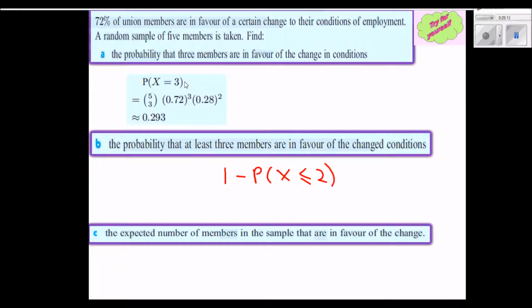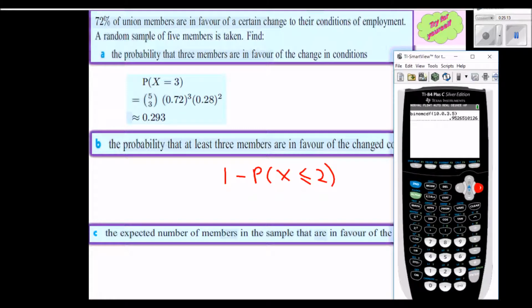So would you use binomial Pdf or binomial CDF? It's not an accumulation of a number of them, because accumulation is when it's a number of them added together. So it's going to be second vars, binomial Pdf. Same thing, we've got to put in number of trials is 5, because there are 5 members.